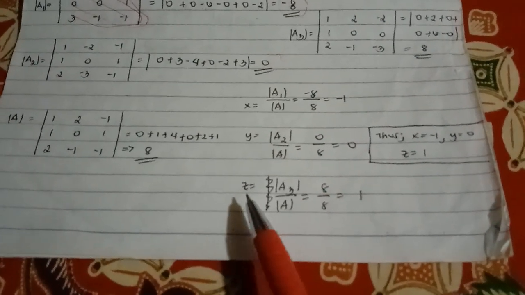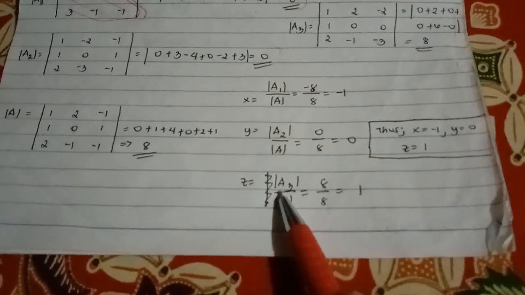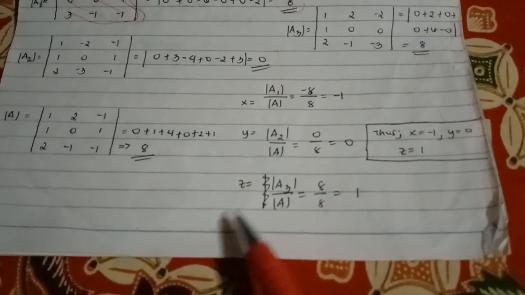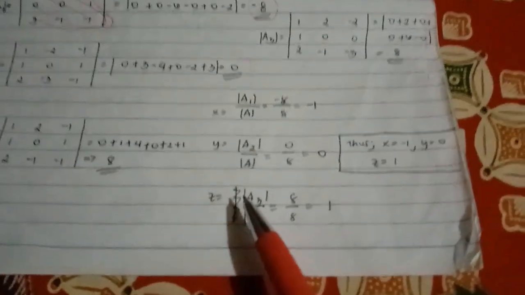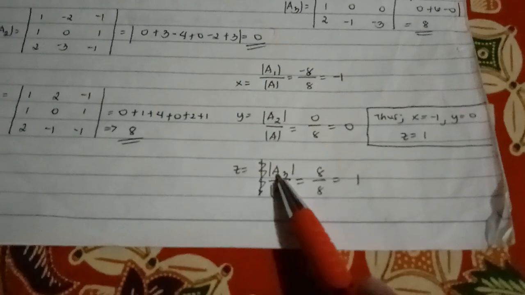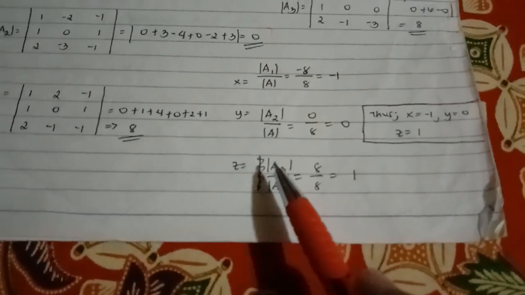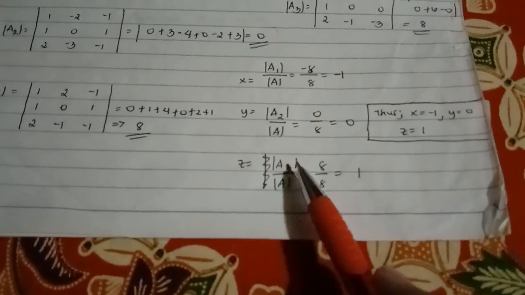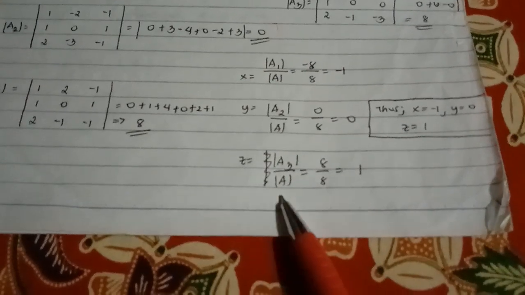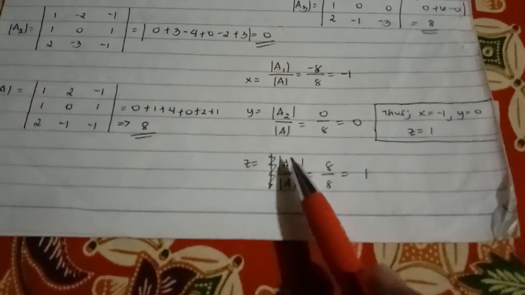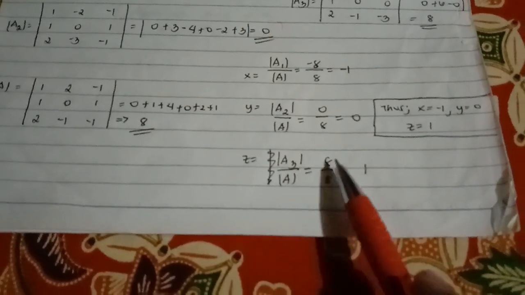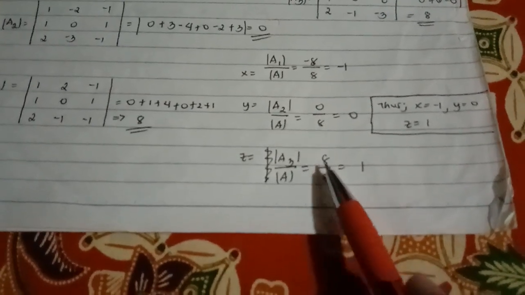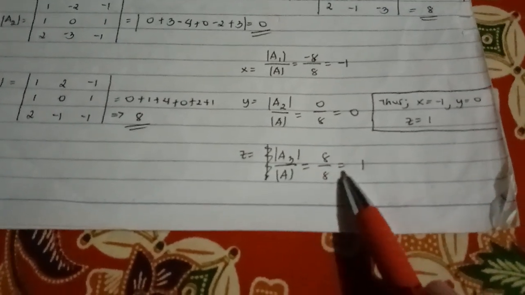The next value is z. To get the value of z, divide the determinant of A sub 3 over the determinant of A. The determinant of A sub 3 is equal to 8. So 8 divided by 8 is equal to 1.